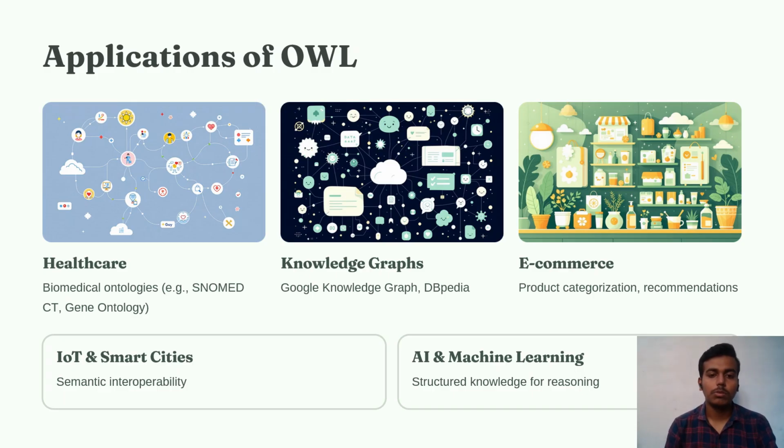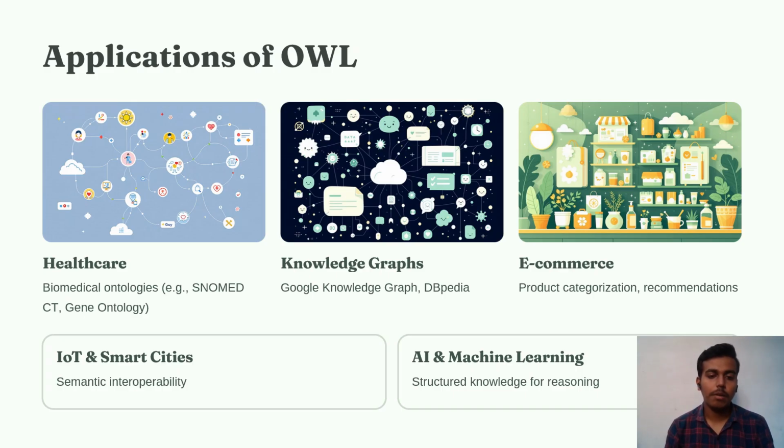Google's knowledge graph uses ontology-based structures to improve search results. Third is e-commerce. OWL helps standardize product categories and makes recommendations more accurate. Fourth is smart cities and IoT. Devices and systems from different vendors can talk to each other because OWL provides shared meaning.